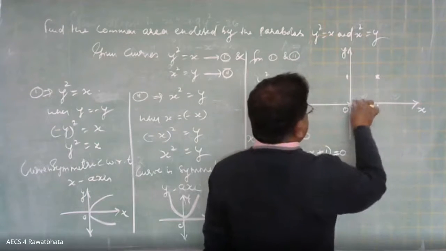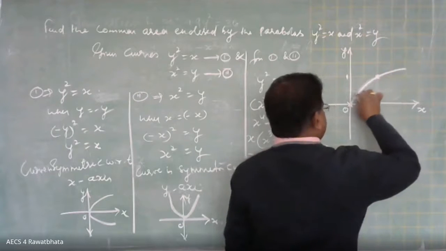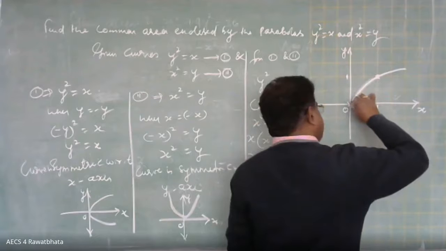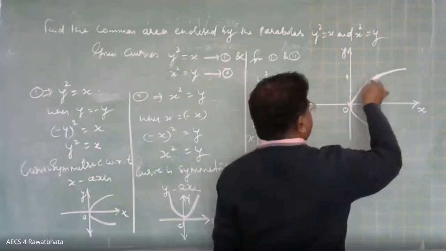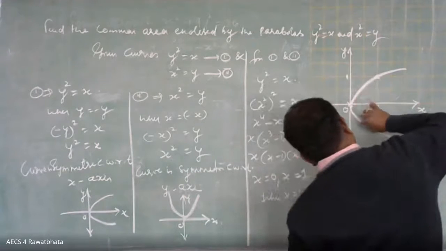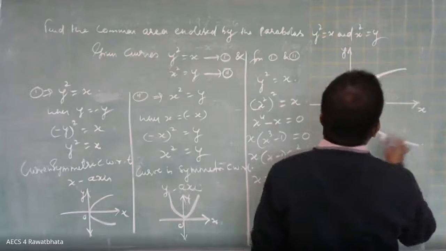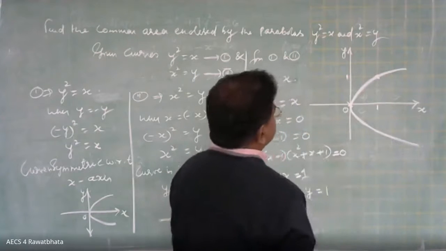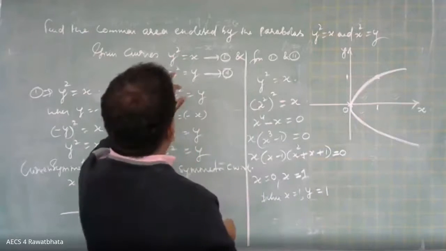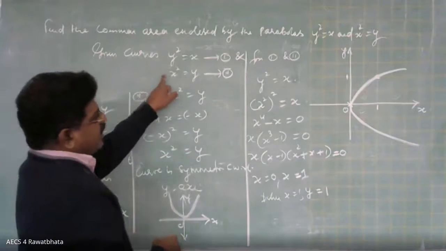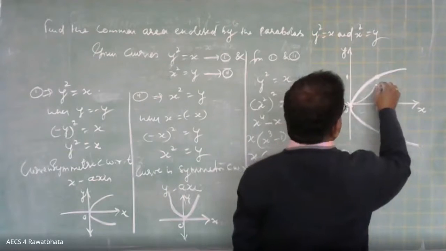So symmetric with respect to here. First case, y squared is equal to x. Symmetric with respect to the x-axis. And another one, x squared is y, y is equal to x squared, means a curve; the graph is going like this.